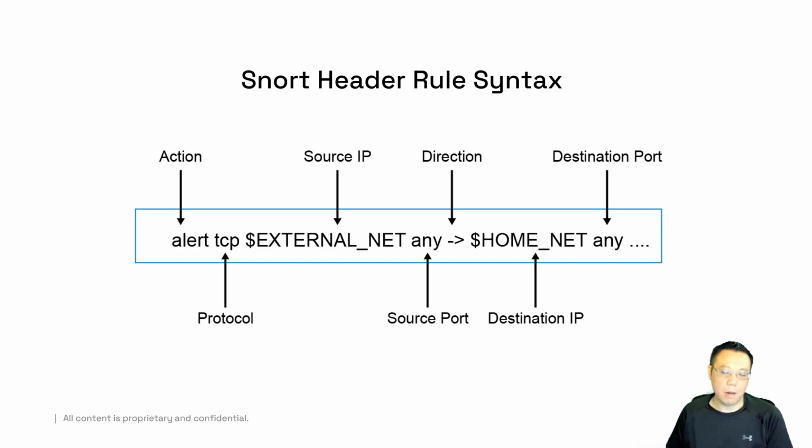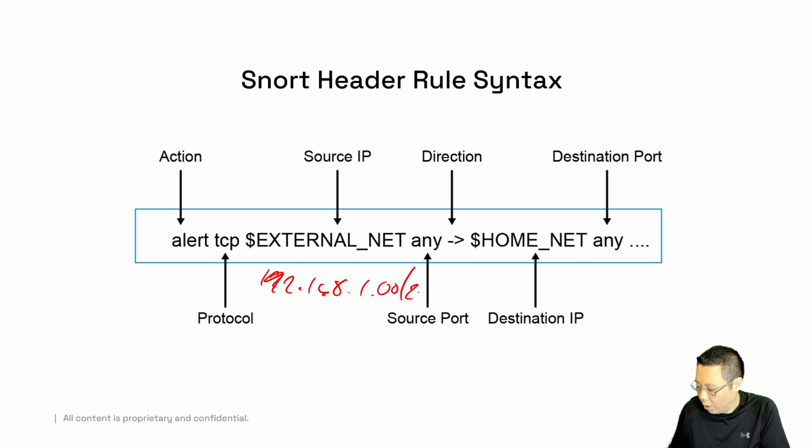Because they're both backwards compatible and forks of each other, they utilize the same rule sets at the base layer. There are differences based on each engine's requirements and what they support. But here's a basic Snort rule header syntax. I have an action, which is alert, could be drop, reject or pass. The protocol that I support, source and destination based on variables or a list such as 192.168.0.0/24.